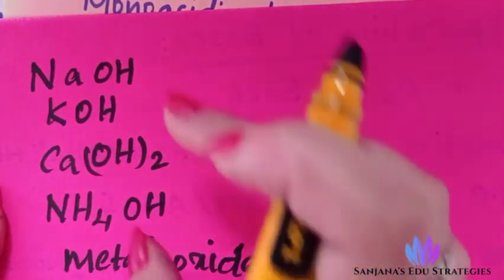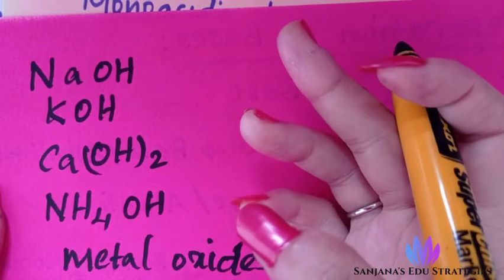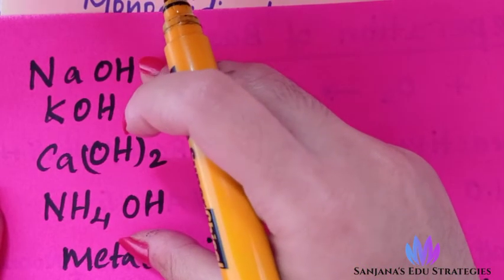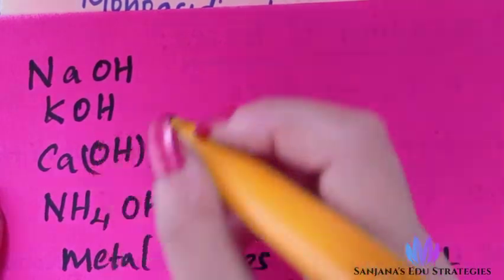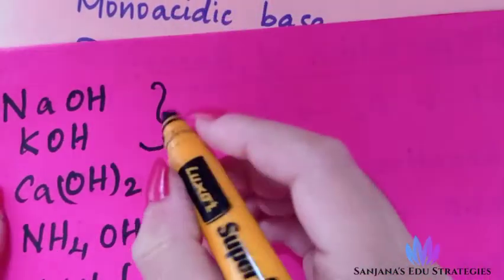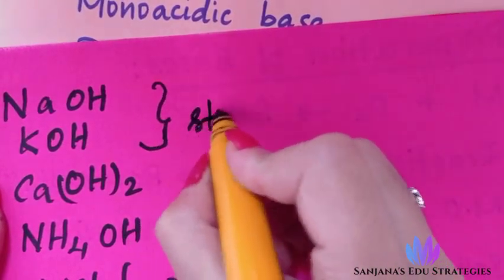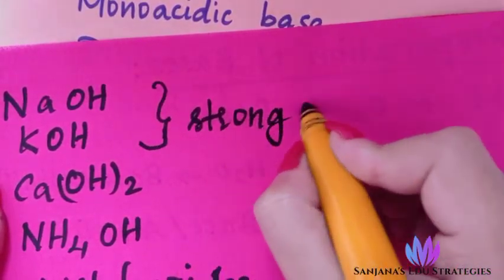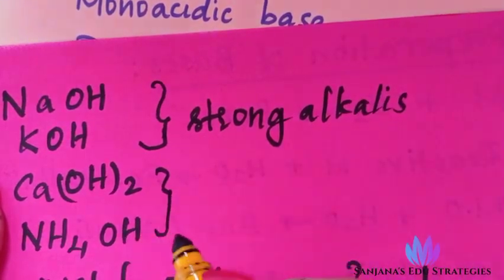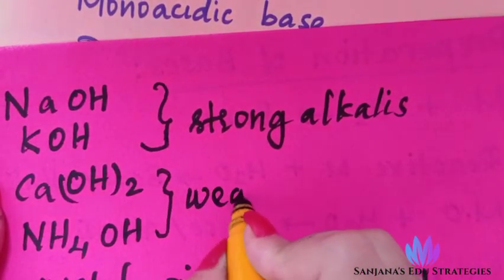I told you already, the metal hydroxides which are soluble in water are called alkalis. These four metal hydroxides are soluble in water, out of which the first two are said to be strong alkalis and the last two are said to be weak alkalis.